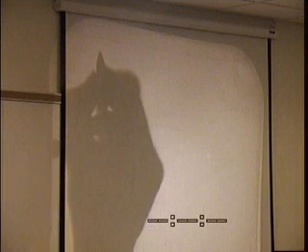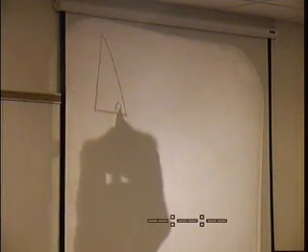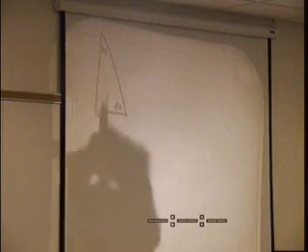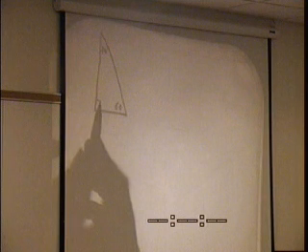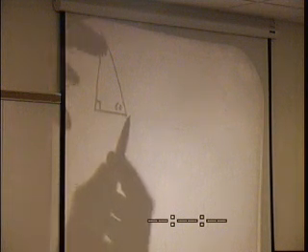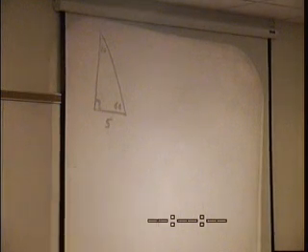Here's a specific example. You have a 30, 60, 90. And by the way, you only need 2 of the angles to figure that out. Because if I know those 2, I'm good to go, right? And this side is 5.